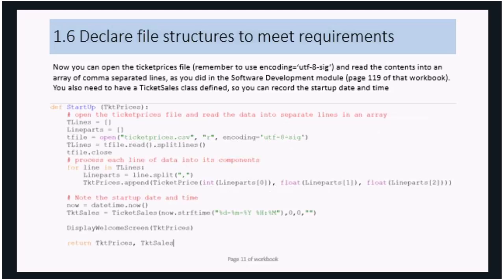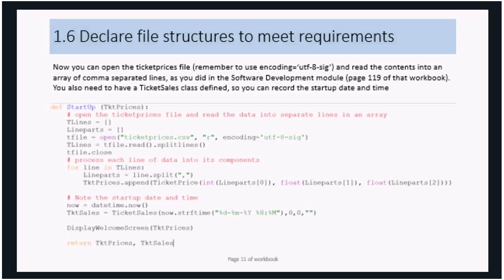Now we need to find out the startup date, the date and time just now as we're starting up, and we need to declare an instance of our ticket sales. And we looked at this earlier where we're using strftime to format the output, and then the rest of the variables are still empty. Now we display the welcome screen.